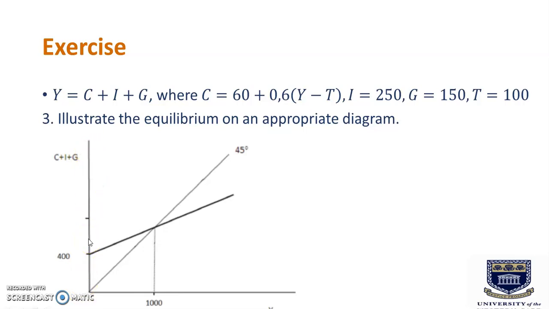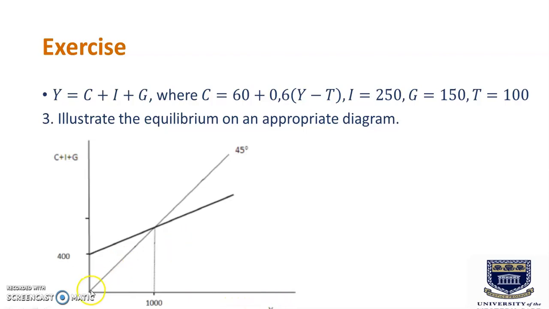Aggregate means total, so your total spending is made up of C plus I plus G. Or you could just write aggregate spending for your vertical axis. And then on your horizontal or x-axis, you would say total income or Y.